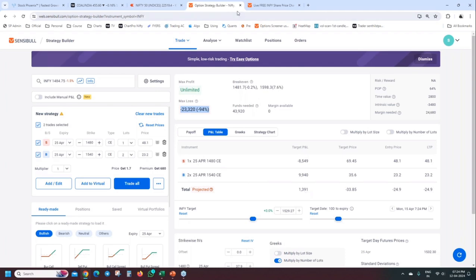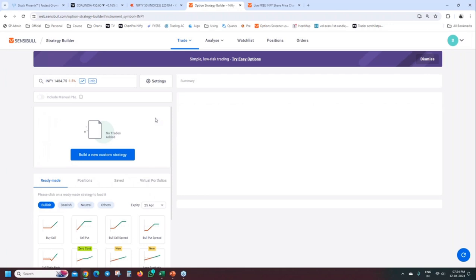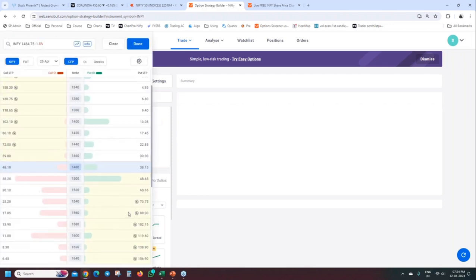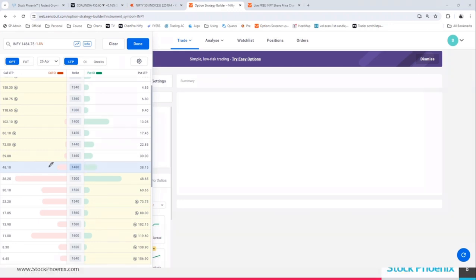Somewhere the call option premiums are very cheap. So let's review that also, why it is like that. So if you see here, okay, 1484, 3830. Everything is right, but somewhere it is not working. So this strategy we have to avoid in this particular stock.